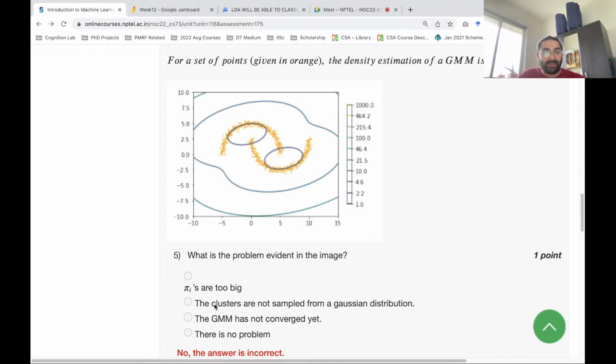That is exactly what the answer is. They are not sampled from a Gaussian distribution, right? Sir, if they are not Gaussian, then why are we making them circular? The contours we are drawing should not be circular; they should also be like this, semi-circular type. Correct, but a Gaussian mixture model will always give you circular clusters, no? Meaning we have forcefully imposed the Gaussian model on top of this. Correct, exactly.